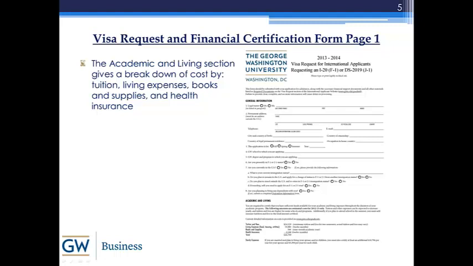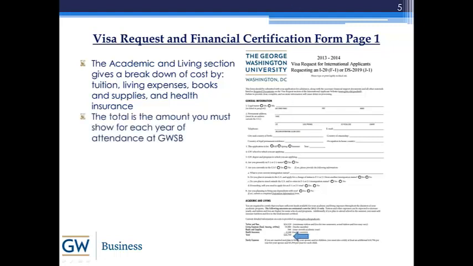The total cost of attendance for each year is indicated at the bottom of the first page of the form. This is the number you must prove you have available for each year you plan to study at the School of Business. Thus, you need the most up-to-date form so you can indicate the correct amount on page 2.